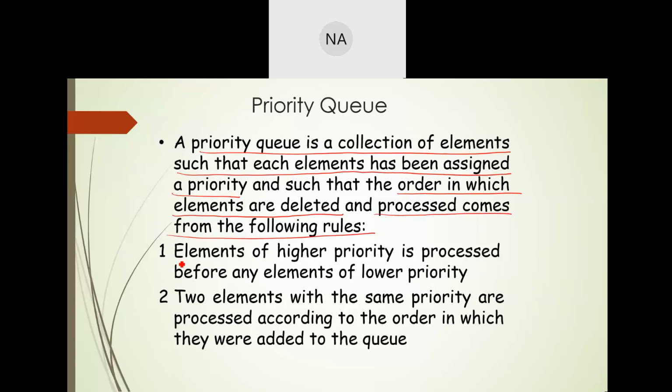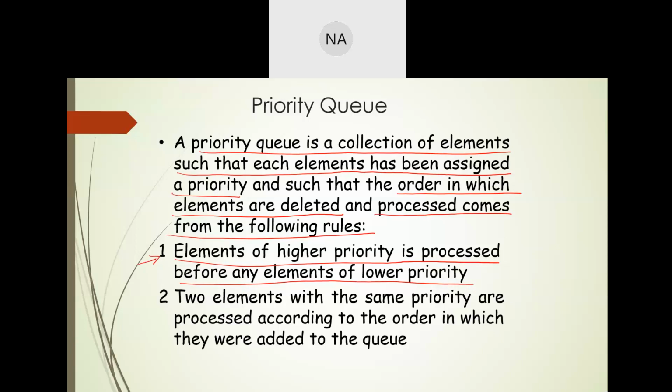The element of higher priority is processed before any element of lower priority. Okay, so that is for processing, you must delete that element from the priority queue, right? It means that this rule defines the order of deletion.